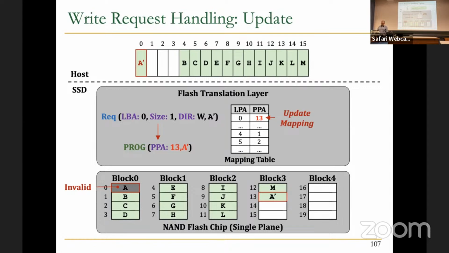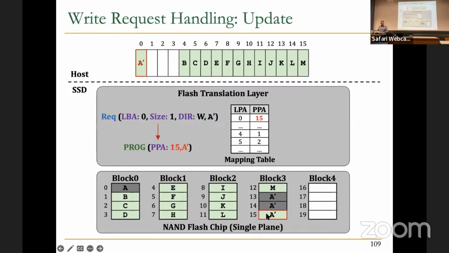You need to keep a status table, especially for every block. So you invalidate page 0 in block 0, and then you get another update. You write it to 14, and then you make the previous one invalid.